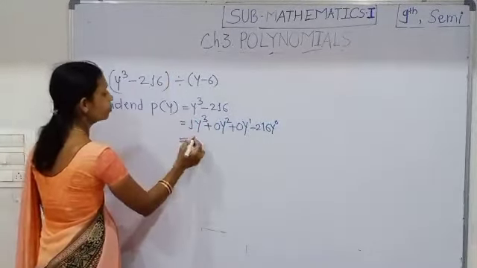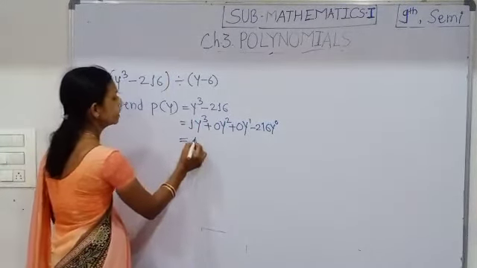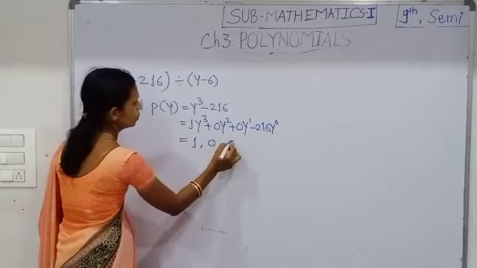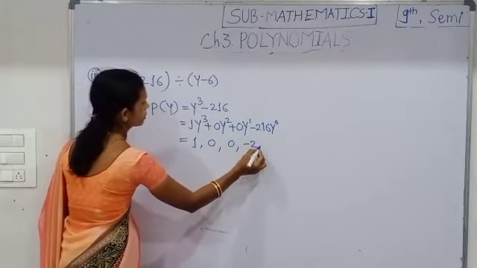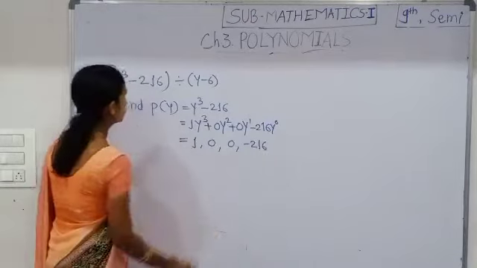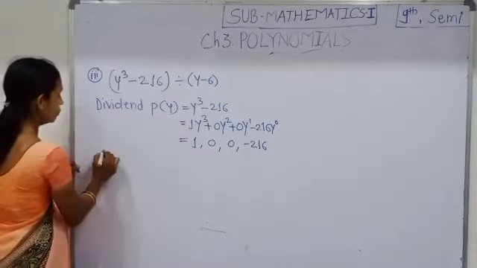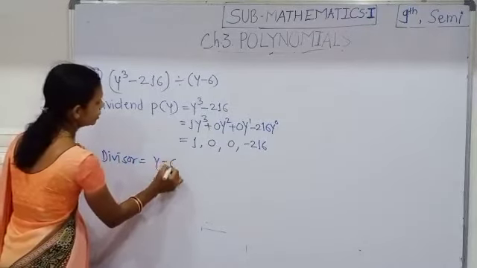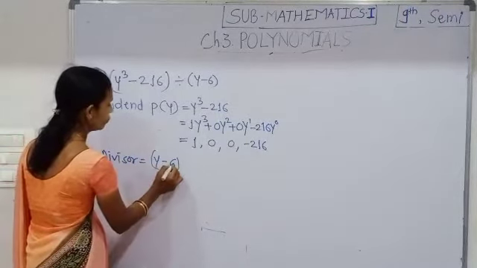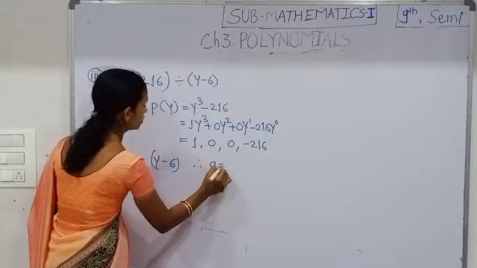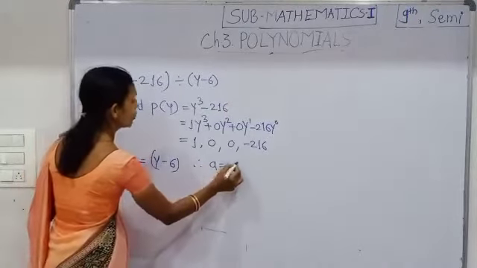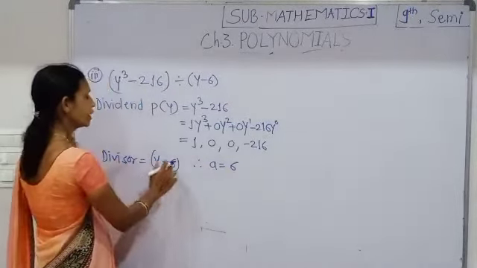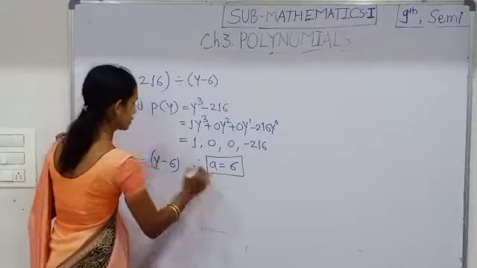Therefore, we write the coefficient form of the dividend, that is 1, 0, 0, minus 216. Then the divisor given here is y minus 6. Therefore, here we get the value of a, that is plus 6, the opposite of minus 6.